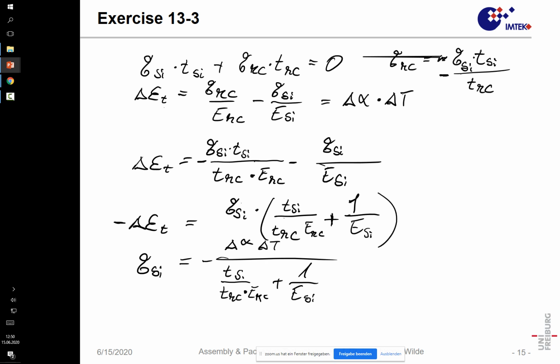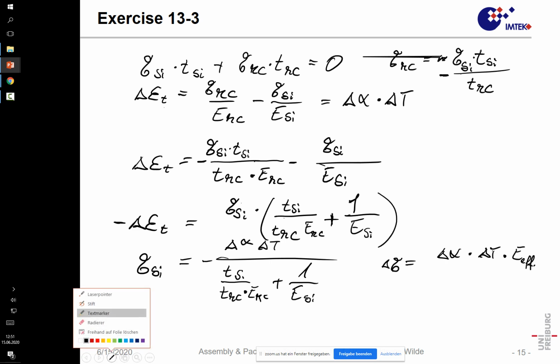The inverse of the inverse is again the direct value, and so in that way, generally we could write it that way. Somehow sigma or delta sigma is something like delta alpha, delta T times the effective Young's modulus.